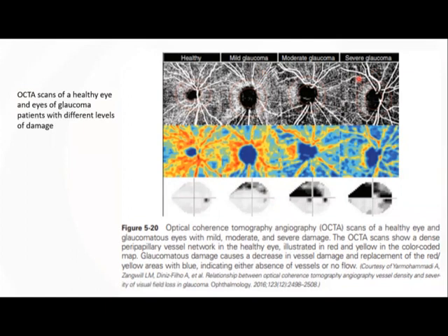From mild to severe glaucoma, we can see the vessels decrease. We can see vessel damage, and this red and yellow is decreasing and is replaced with blue color, indicating either absence of vessels or no flow, and we can also see the corresponding visual field loss.